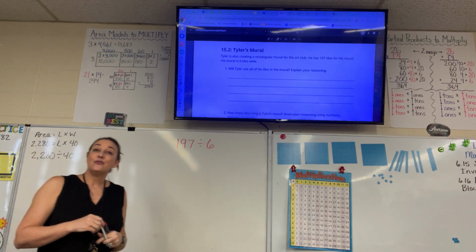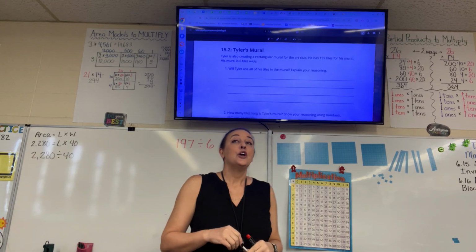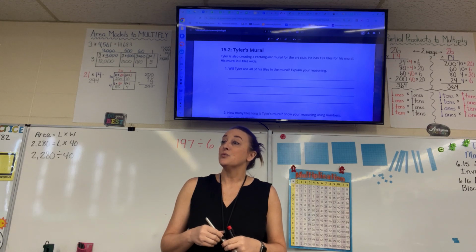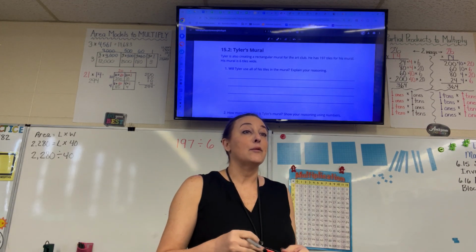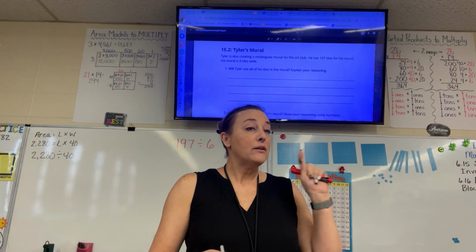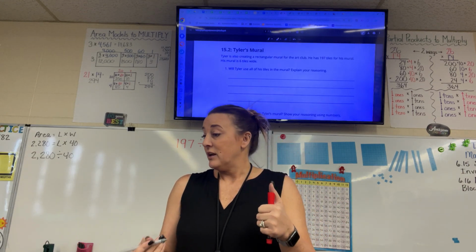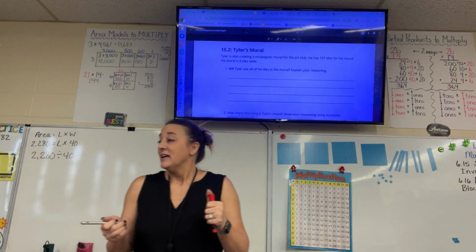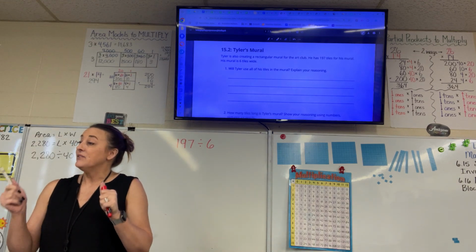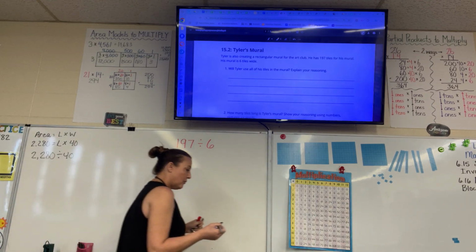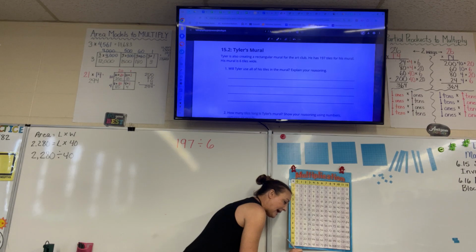So will he use all of the tiles? No, because 197 is not a multiple of 6. One of the rules for 6 to determine if a number can be divided by 6 is it has to be an even number. So, will Tyler use all of his tiles in the mural? No.